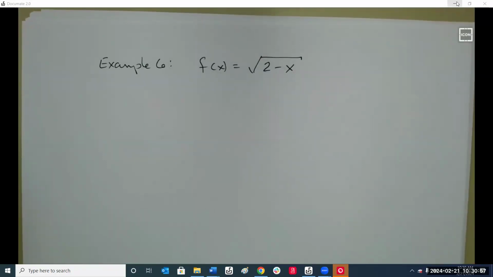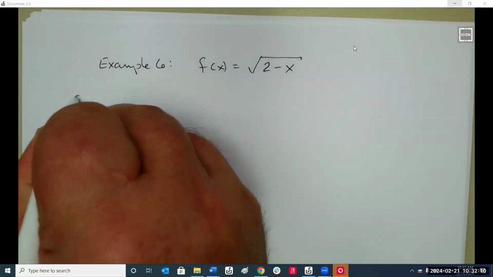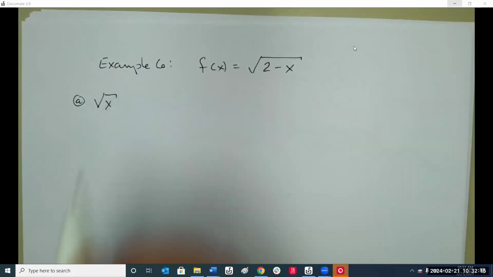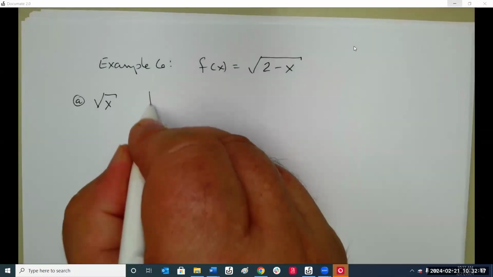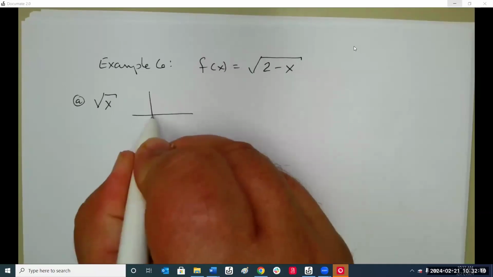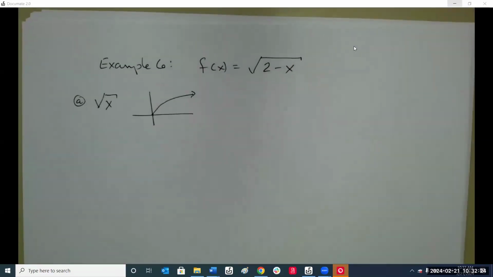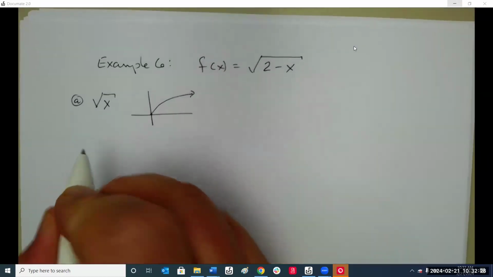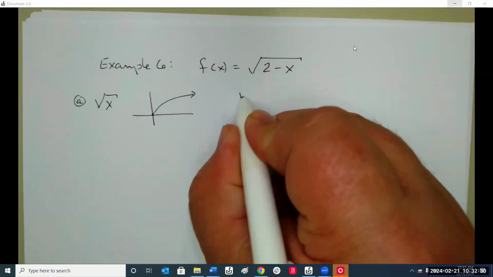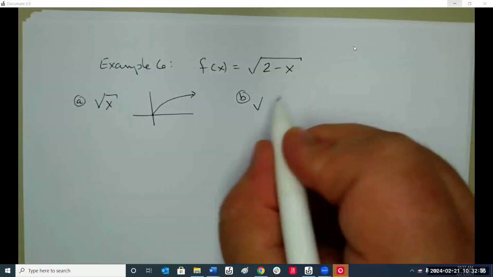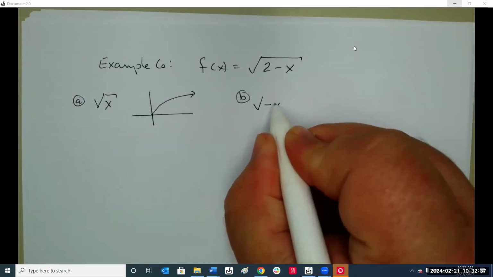Sketch that one. All right, what's the basic function? Radical x. What does that look like? Right. From the origin, it swoops out that way. Then what happens to the function? Then x has a negative in front of it.